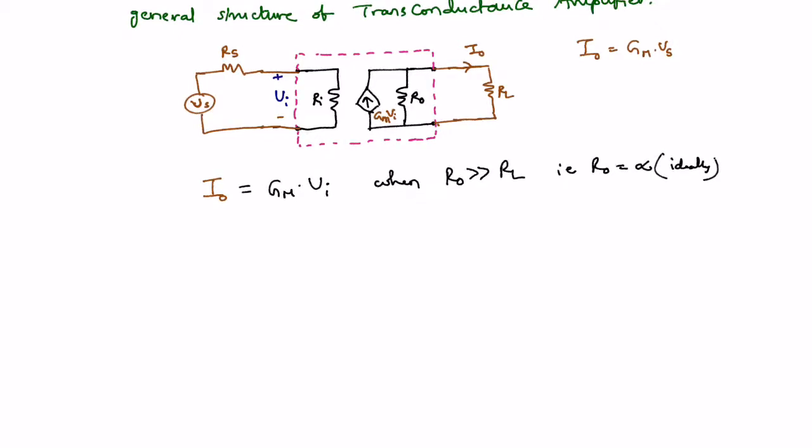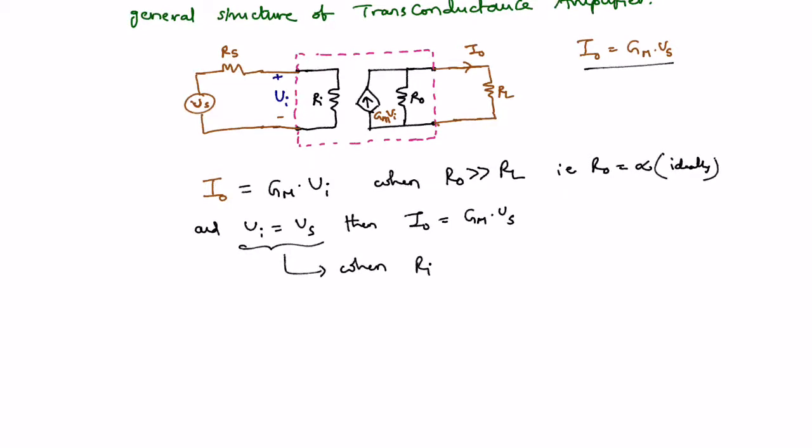Next, if Vi has to be equal to Vs, then you can write I naught equal to Gm times Vs, which is what we require. This happens when Ri is very large compared to Rs.